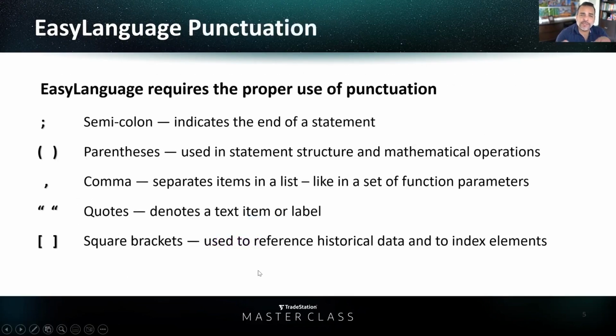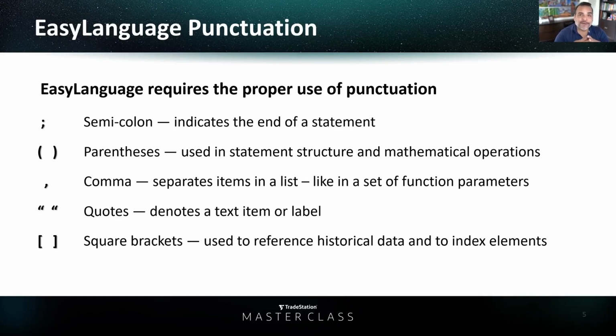So we're going to use certain punctuations. Yes, EasyLanguage is very finicky when it comes to punctuation. You have to use the right one. We cannot replace parentheses with square brackets, because EasyLanguage is expecting a certain type of punctuation. So it's important that we know where the punctuations go, how they're utilized, and make sure we don't forget them.